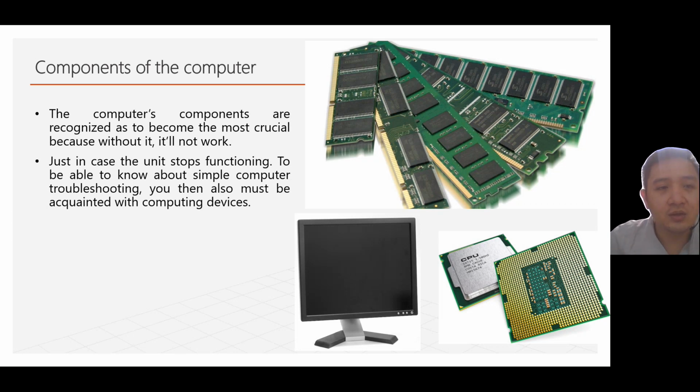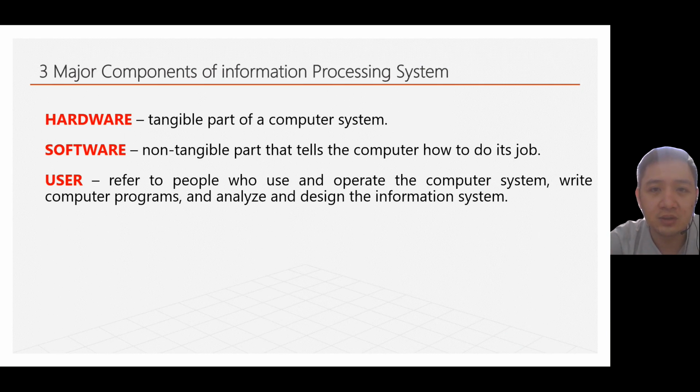But now we'll start with the three major components of an information system. If you watched the video a while ago, our first video, I already mentioned the three major components of the information processing system. These are also the three major components of a computer. We have the tangible part of the computer system, which is hardware.